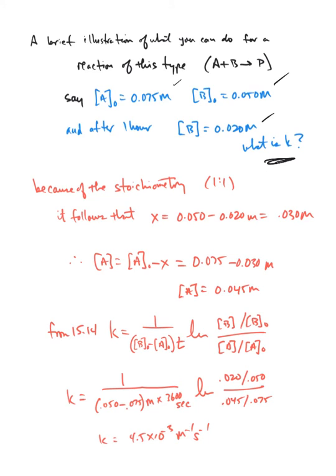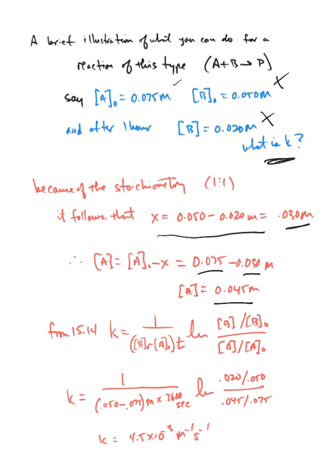Well, because the stoichiometry, as we went over before, is 1 to 1, it follows that x is going to be the difference of the original concentration of B minus the concentration of B after the hour went by. And so the x here is 0.030 molar. I'm going to use that x to figure out the concentration of A after 1 hour. So I took the original, which was 0.075, minus x, and I got the concentration of A after 1 hour.